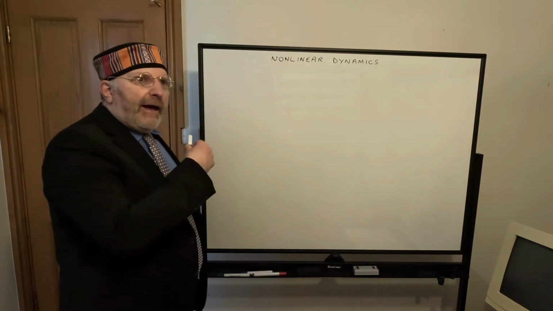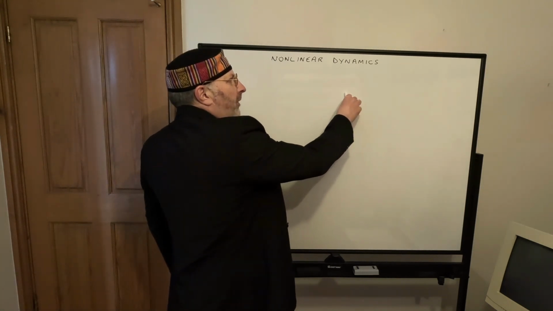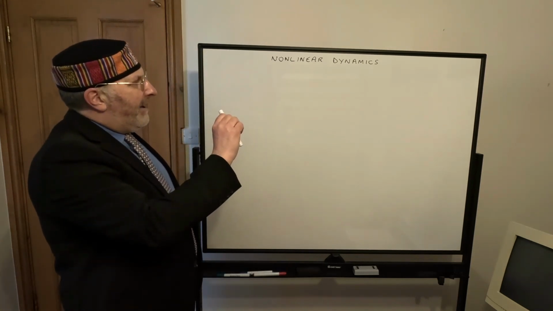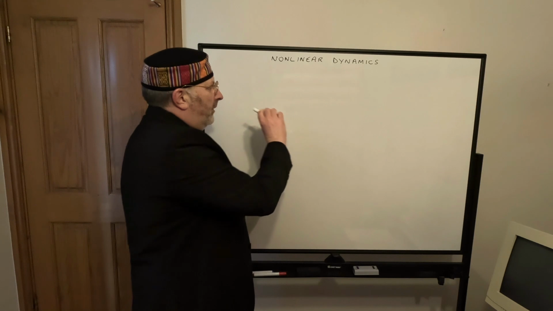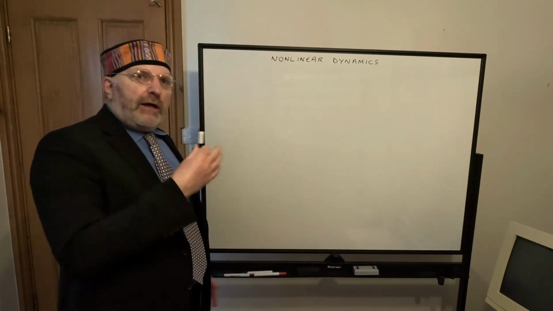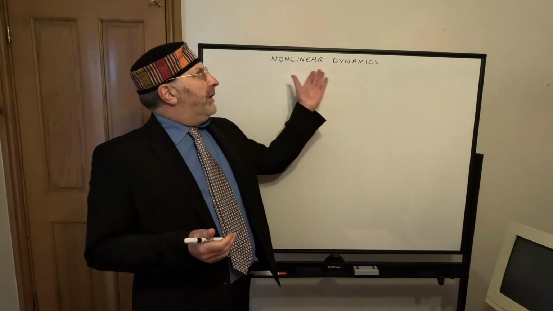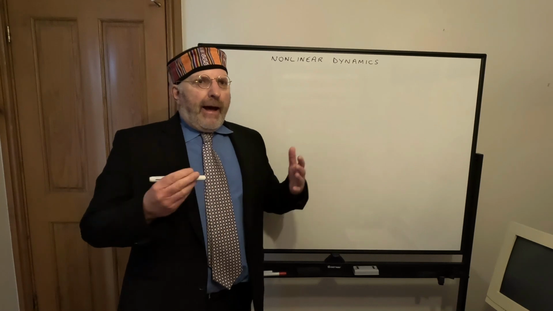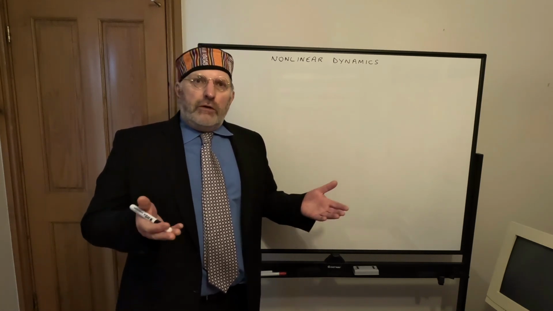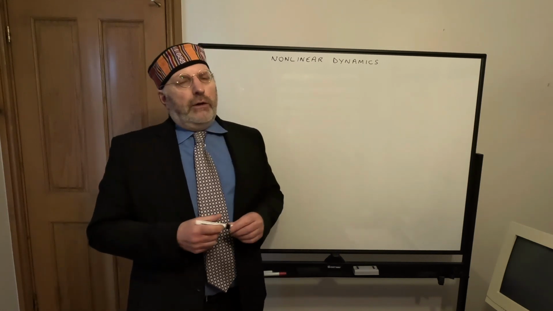Or we can have negative feedback so that the system evolves towards some limiting value. Or we can have oscillations, or we can have chaos. So there's a much richer range of behaviors that we can get with nonlinear dynamics, and we expect to see those kinds of rich behaviors in social and historical systems. So that is why we're studying nonlinear dynamics.